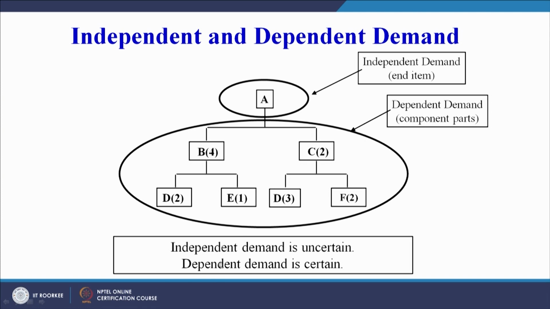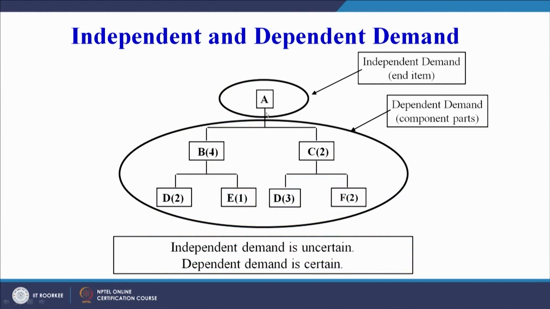The independent demand is uncertain. Always in forecasting we have seen that many times we may not be able to forecast accurately; we may be over forecasting or under forecasting. So the independent demand, that is for A, is uncertain. Whenever we are forecasting we may not be able to forecast accurately, but the dependent demand is certain.